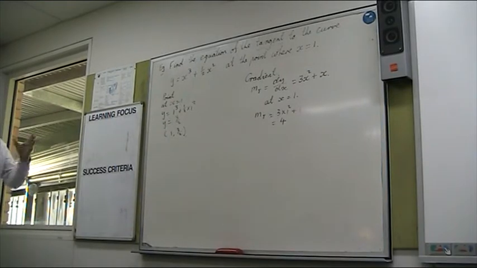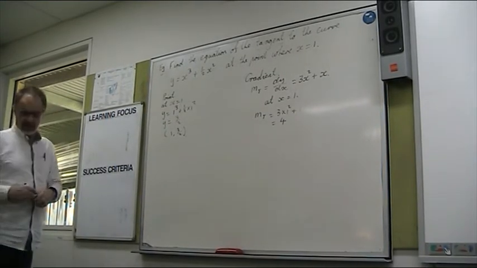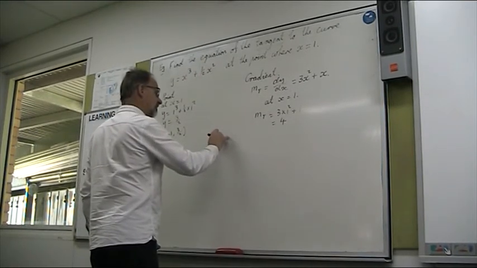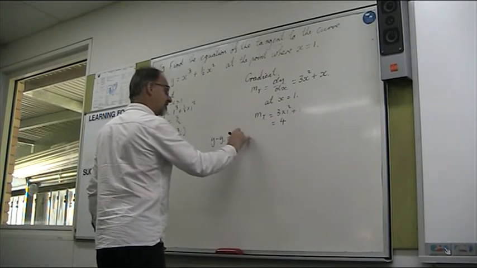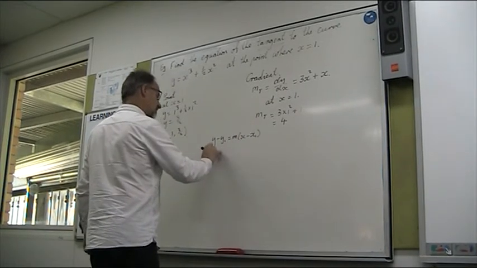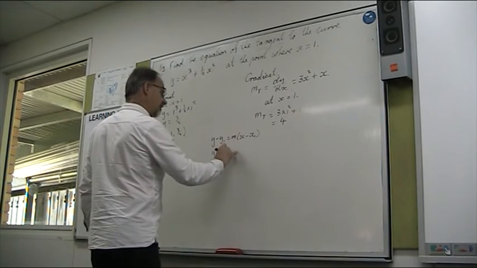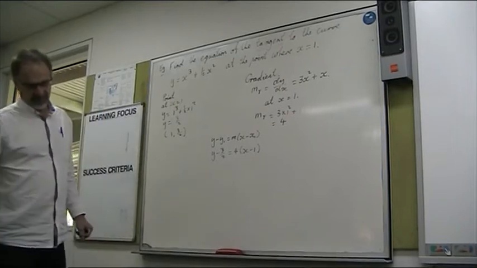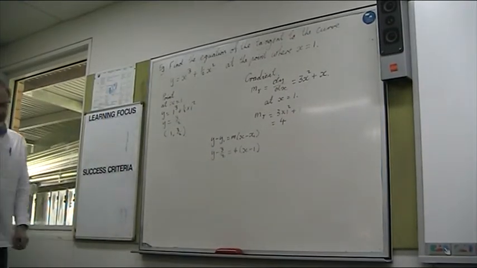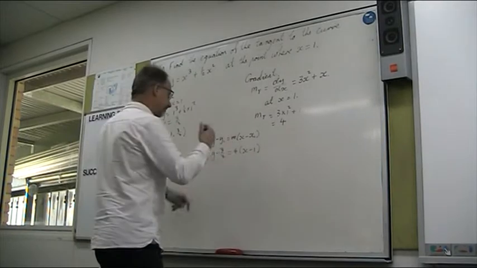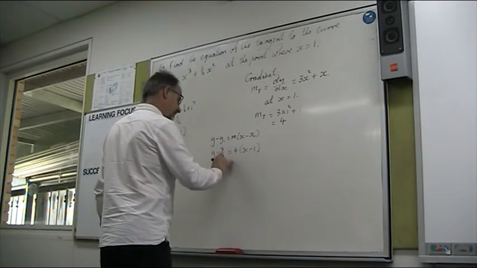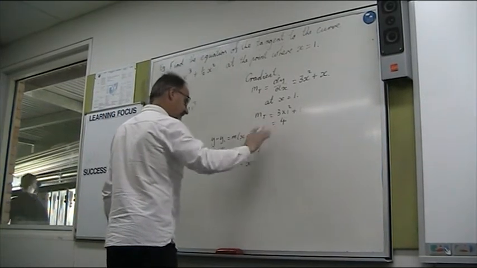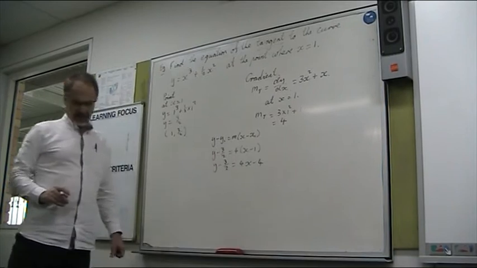Alright, so now we have the information we need. Gradient point form. y minus y1 equals m times (x minus x1). y minus 3 over 2 equals 4 times (x minus 1). A bunch of rearranging, expanding, times by 4 everything on the right, I should say.